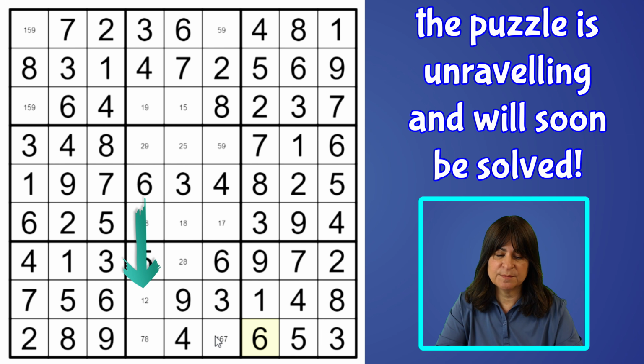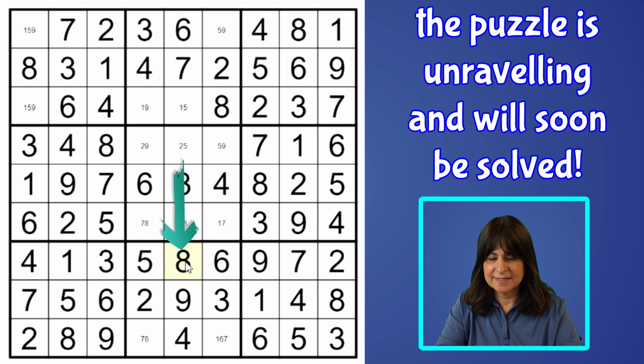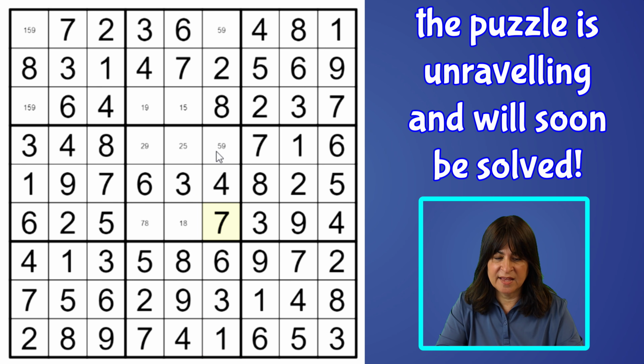And now this has to be a 2, which means this is an 8, and then this is a 7, which means this is a 1, which makes this a 7, and you can do this in any order that you want.